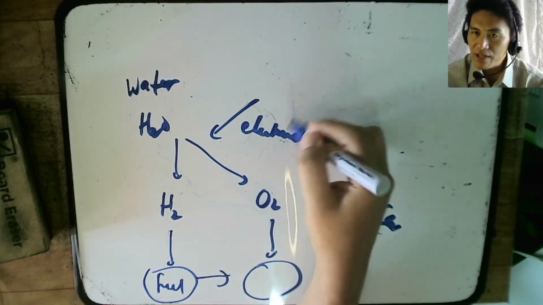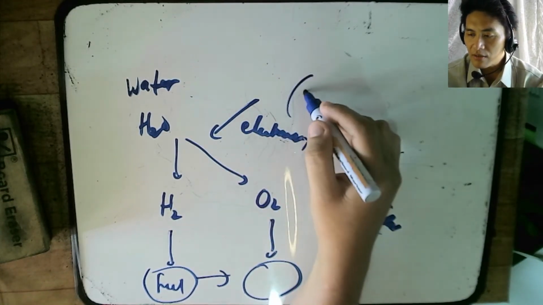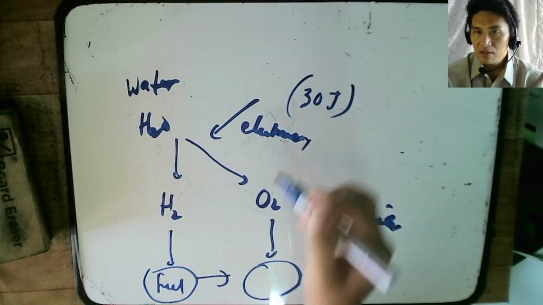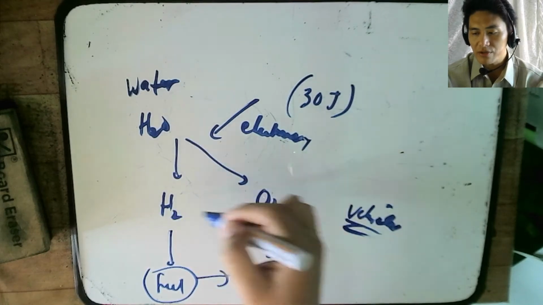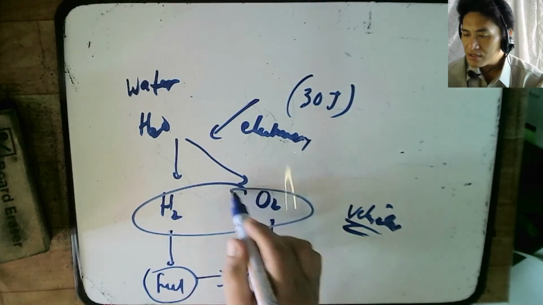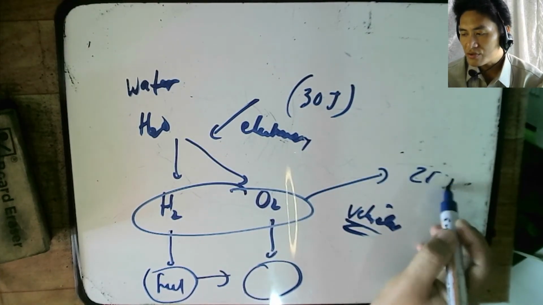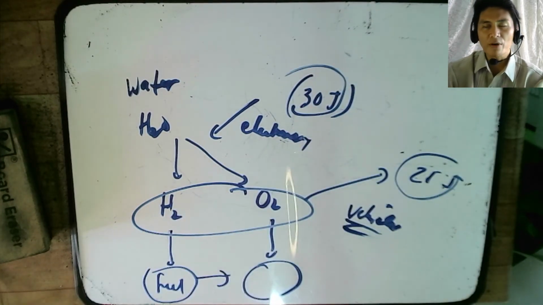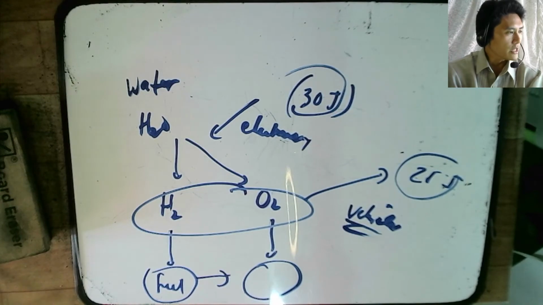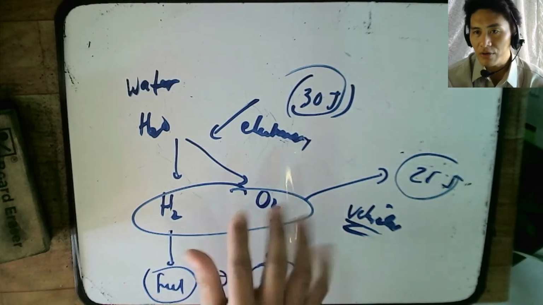Because of the amount of electricity that you input, let's say 30 joules, you have to input energy somehow to break that water into hydrogen and oxygen. And then when you burn this, you only get, say, 25 joules. Obviously, I'm making up these numbers, but the point is, it's not about the feasibility of the concept. It's about the amount of energy.